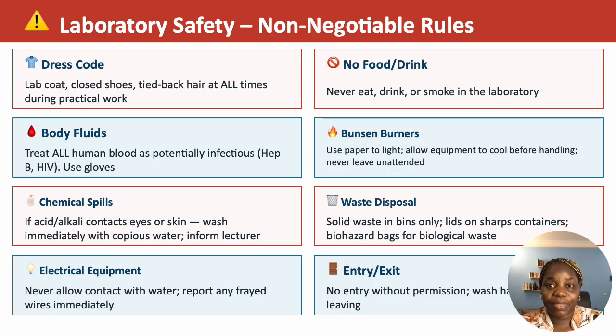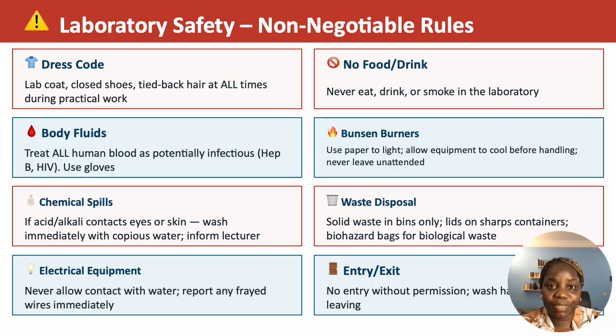At the University of Bamenda, we take laboratory safety extremely seriously. The most critical rule in immunological practicals is the handling of human blood. In immunology, we use a lot of human blood. In practical 1 and practical 2, where we cover the complement and the agglutination test, you will be using your own blood or a classmate's blood.